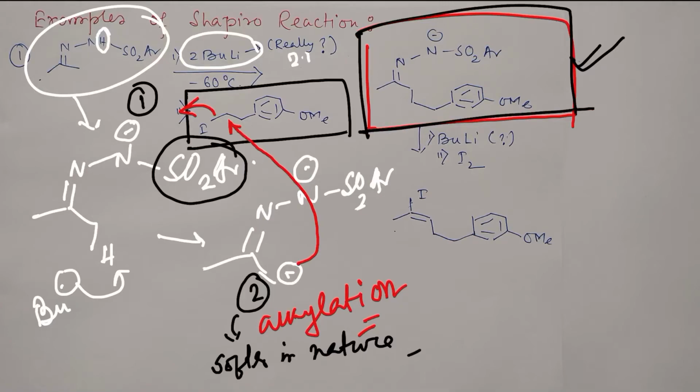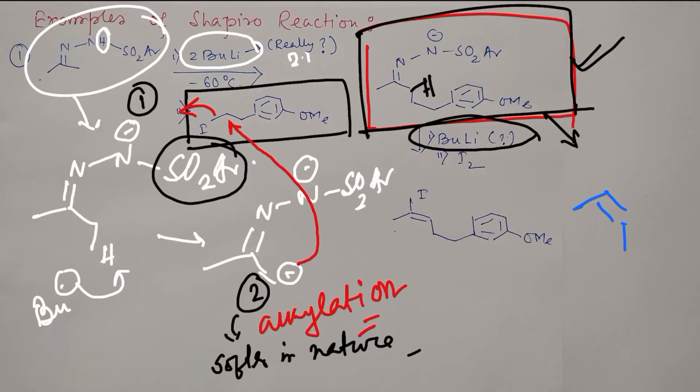Now the question, what is the next? See, in the next step, another one equivalent of butyl lithium is given, and actually one equivalent is enough. So what it does, it will abstract a proton from here, and butyl lithium generally means tertiary butyl lithium. Okay, so it acts as a base. After proton abstraction, you know the mechanism, so I am not writing that again.